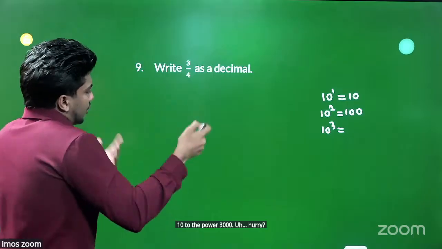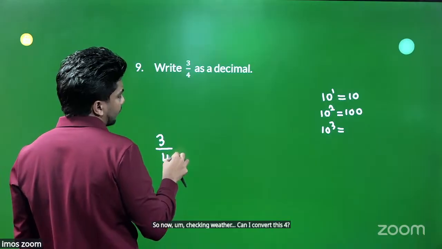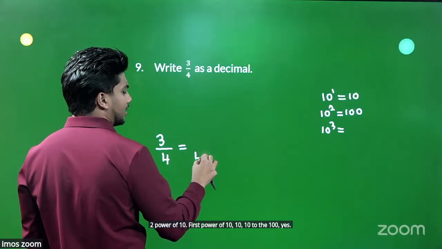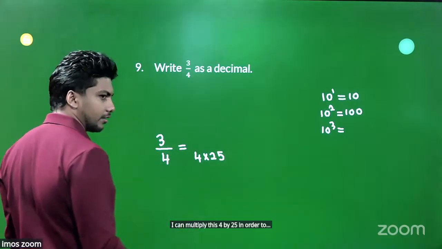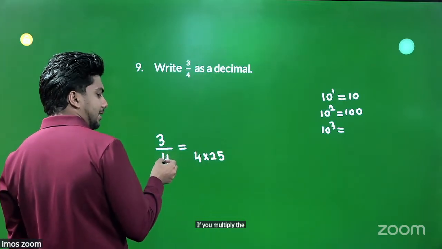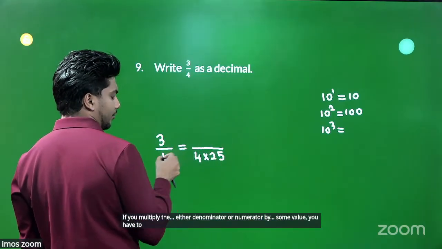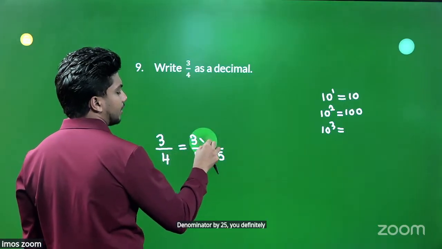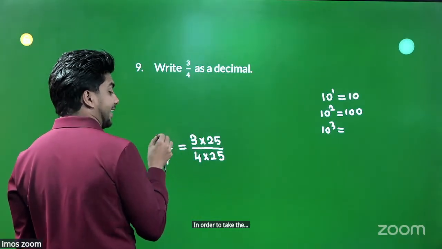Now I am checking whether I can convert this 4 to a power of 10. Yes, I can multiply this 4 by 25 in order to get 100. If you multiply the denominator by 25, you definitely have to multiply the numerator by 25 as well, to get the equivalent fraction.